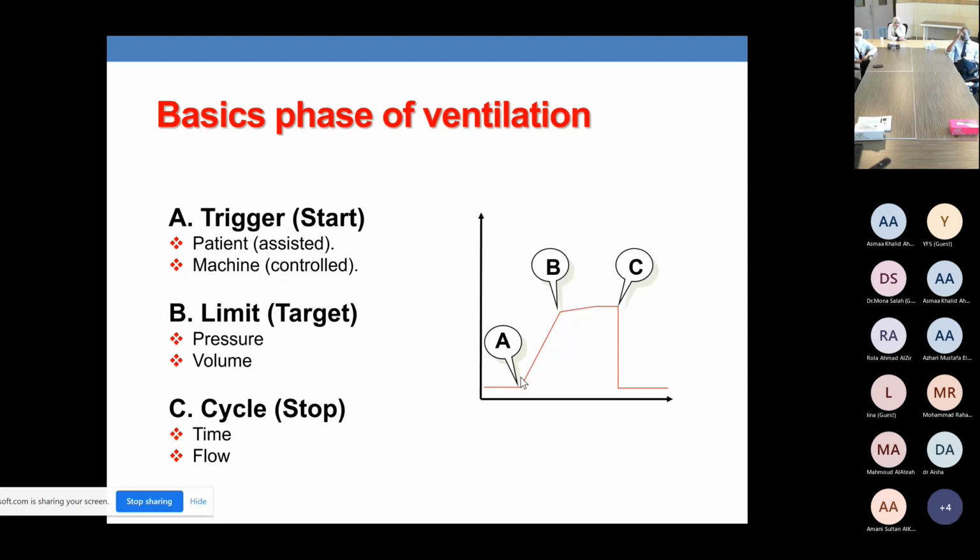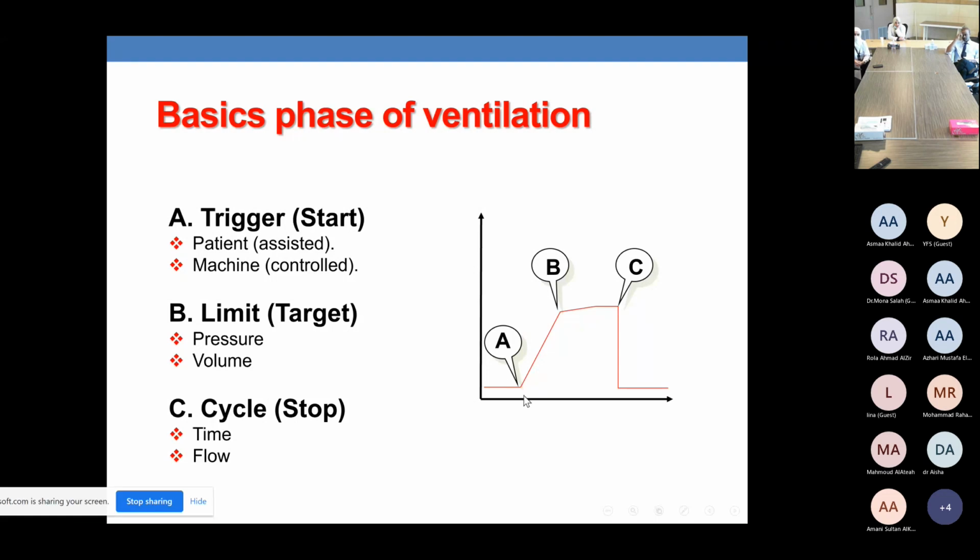The only problem, of course, is that when it is sensing very minute flows, it can cause an auto trigger to the ventilator because it is easy to be triggered. We'll talk about it soon in the slides.